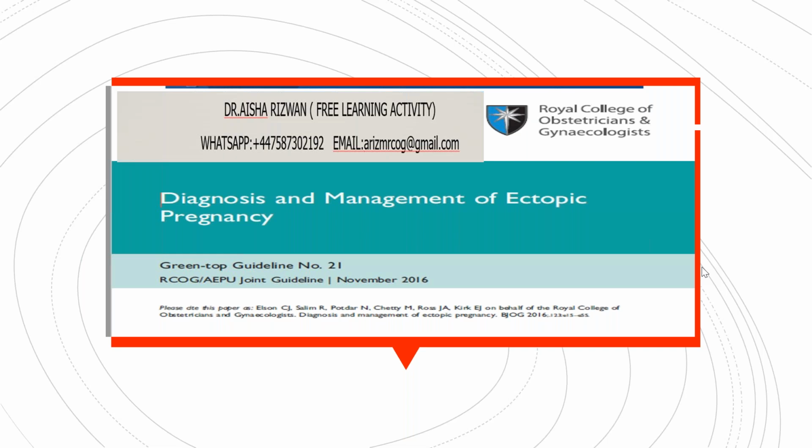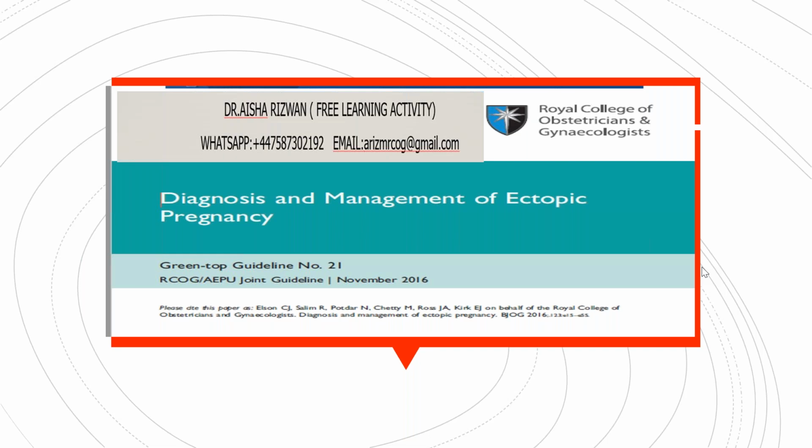And the rate of fertility is also going to be the same. It is not modified by the type of treatment she has received. Whatever type of management, her chances of having a successful normal pregnancy are going to be the same. So the method of treatment is not going to affect the future fertility outcomes.